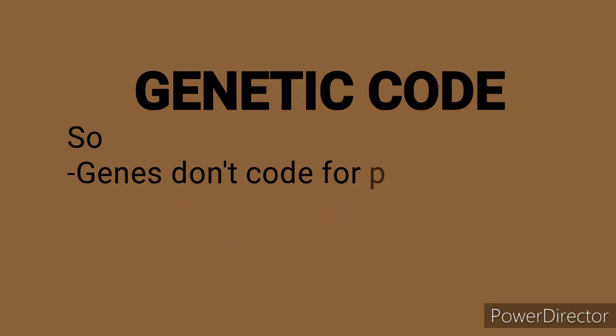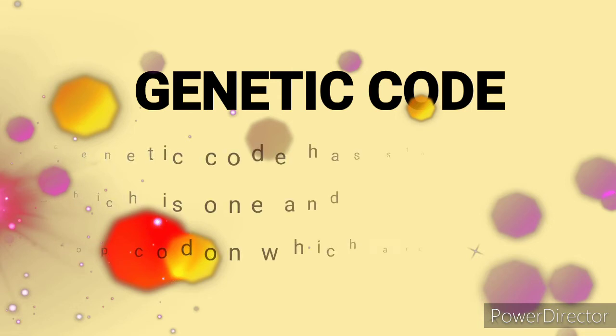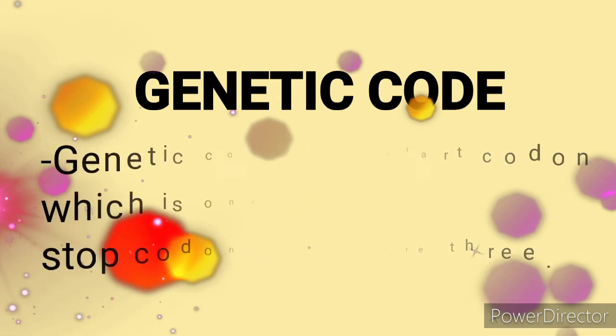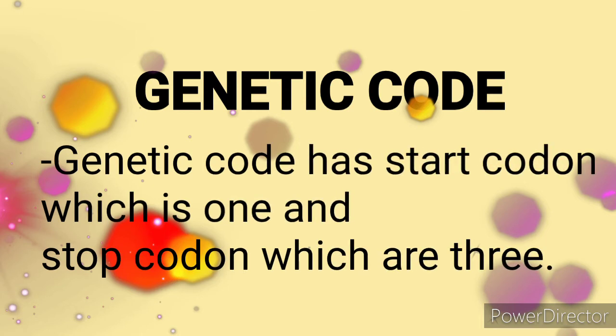And what you should know is that a genetic code also has sequences for the beginning, that is the start codon, which is only one, and the end of it has a stop codon, of which there are three. What you should take note of is what the start codon is and what the stop codons are. The start codon is the initiator, and it codes for the amino acid methionine, which is AUG.